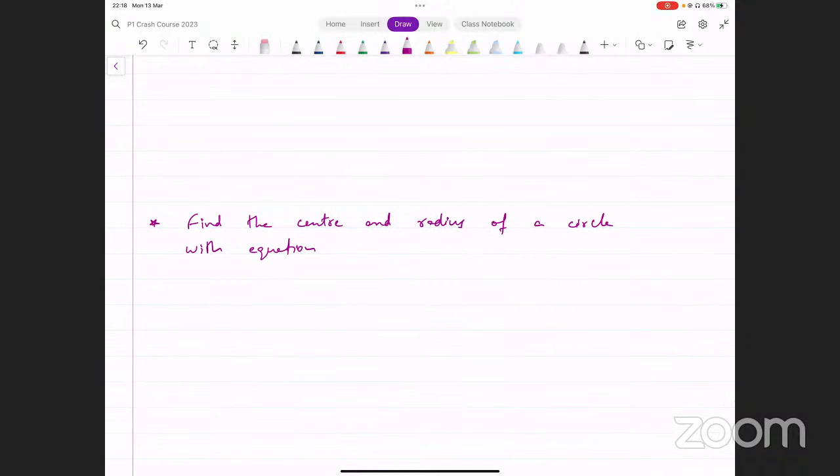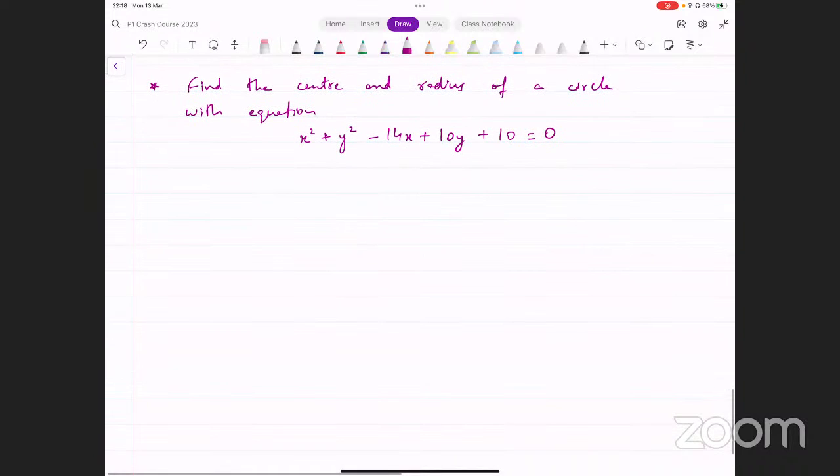So let's say the equation is x squared plus y squared minus 14x plus 10y plus 10 equals 0. This is the equation of the circle now.